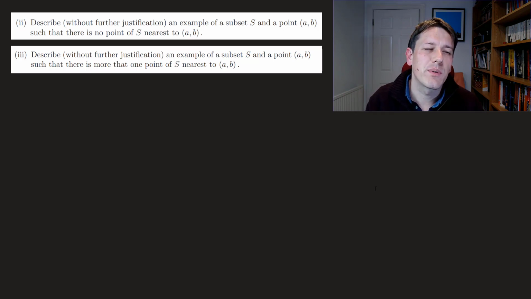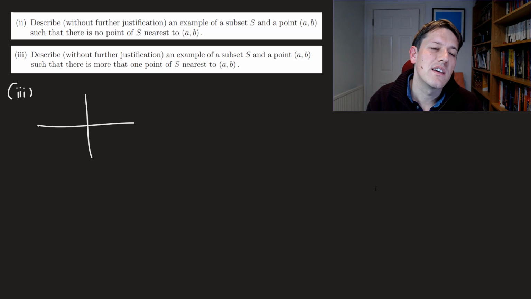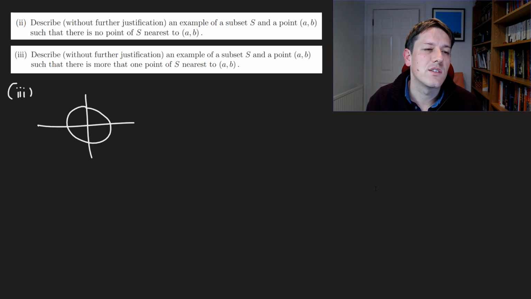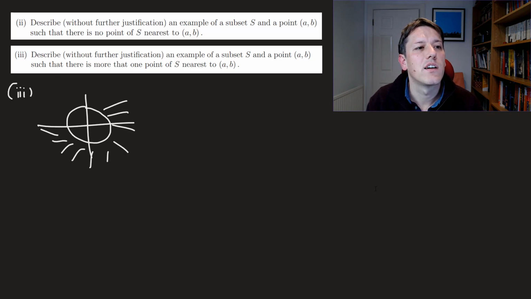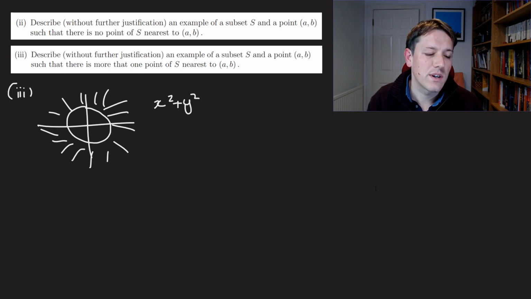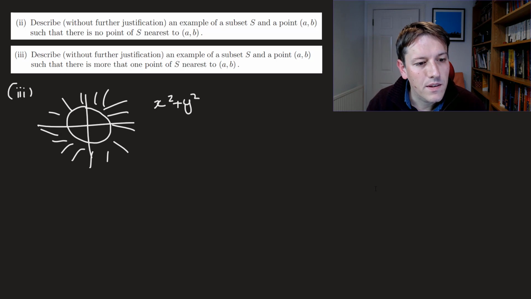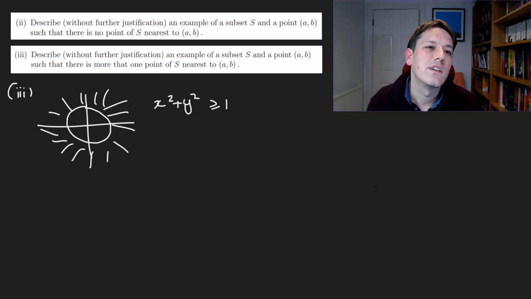So when I thought about this first, you think about part 3, which I'm going to do first here, is slightly simpler in a way, right? And actually let's stick to the unit circle example before, right? If we just make the exterior of the circle, so x squared plus y squared greater than or equal to 1, the set S, right?